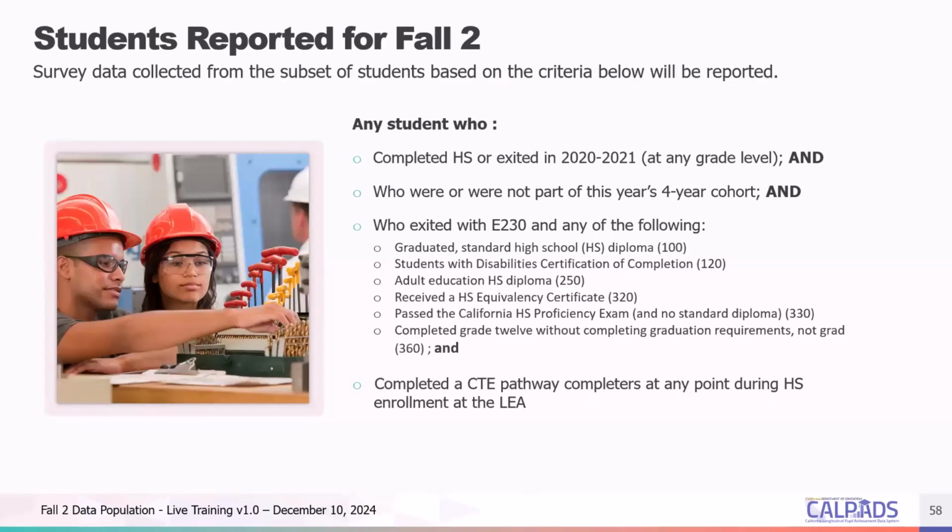All right, regardless of whether they received federal Perkins funding, LEAs are required to survey their CTE pathway completers. LEAs should survey CTE pathway completers who were in the 4-year adjusted cohort graduation rate, or ACGR.